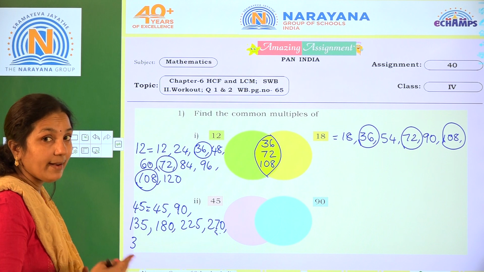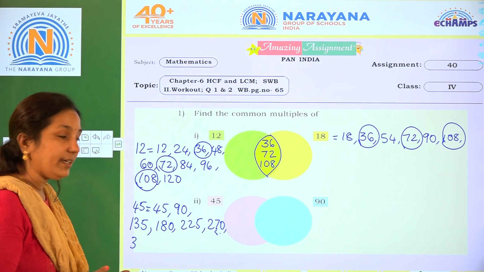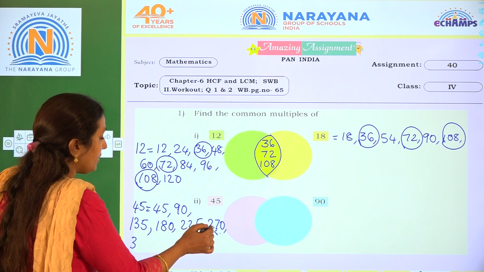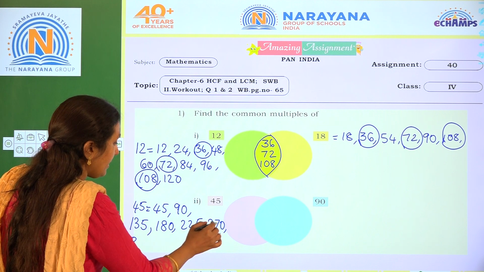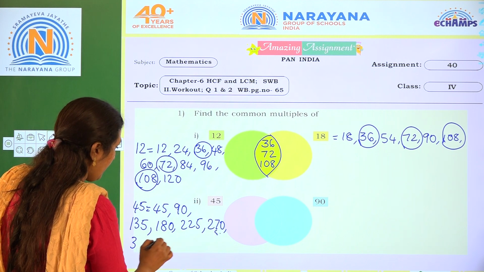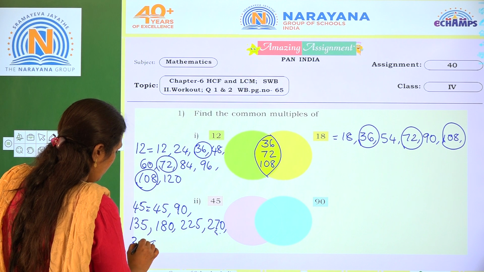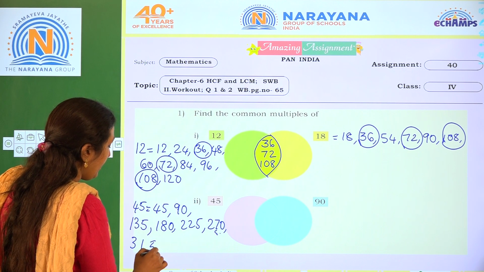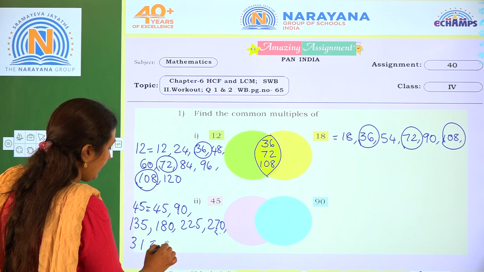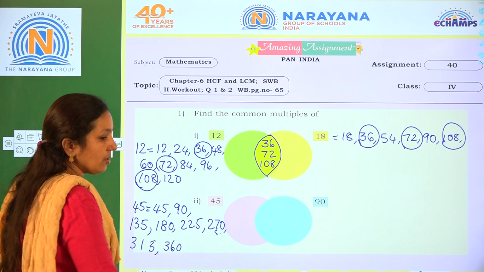Every time we are adding 45, which means we are multiplying by 45.